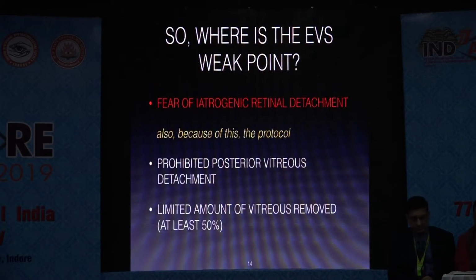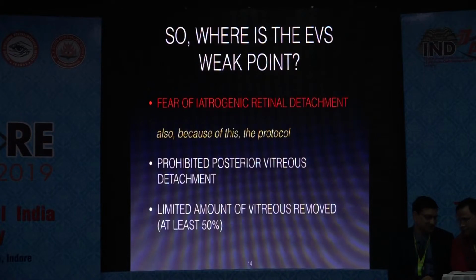So where was the weak point of the early vitrectomy study? Essentially, they were afraid of iatrogenic retinal detachment. Because of this, the protocol prohibited posterior vitreous detachment and also limited the amount of vitreous to be removed. It was recommended that about 50% of the vitreous be removed.